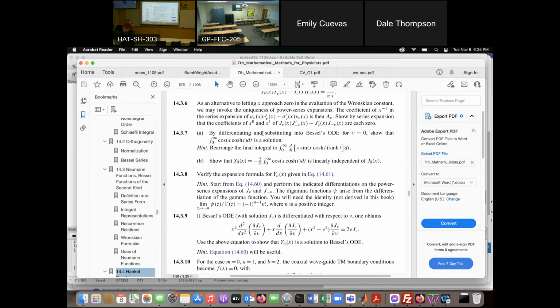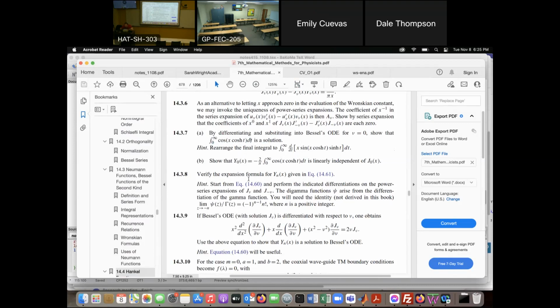Now, the thing to keep in mind is that J0 and Y0 are meant to be the two linearly independent solutions of the Bessel ODE. And, okay, so this solution that you got turns out to be a scalar multiple of Y0.